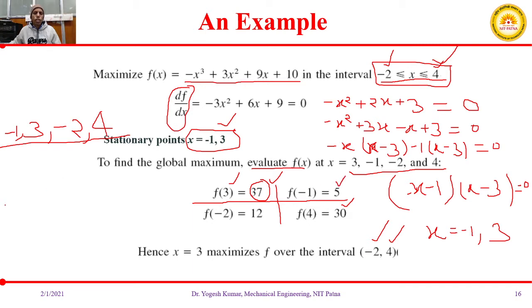So we could say that x equal to -1 minimizes this function f(x) over the interval -2 to 4. Okay, so this way we can calculate the value of global maxima or global minima for any function in the given interval.